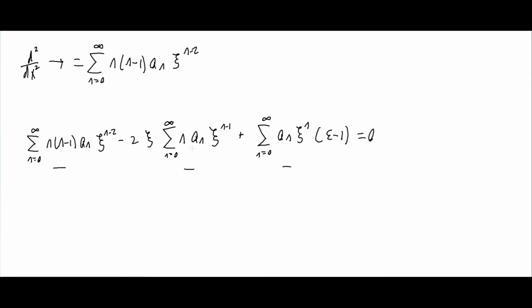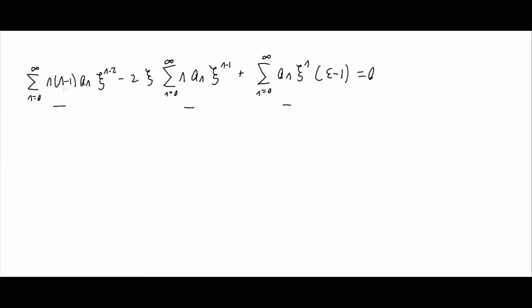So this was just plugging in the summations for the second derivative, the first derivative, and the function into our differential equation. And so we can then, by shifting these n's around, get everything so that the Xi's are all to the n power.